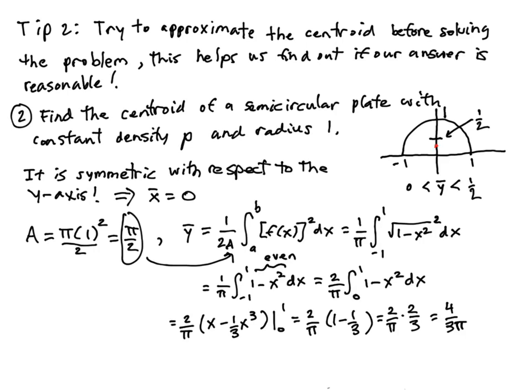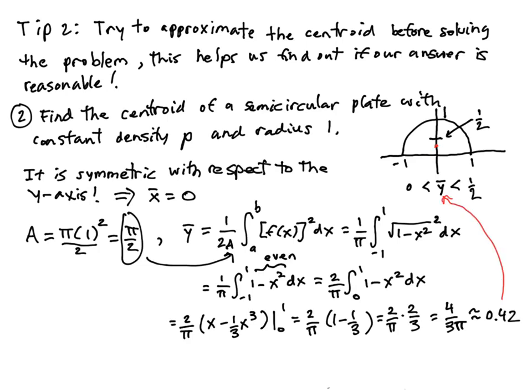Now, what would that be on a calculator? 4 divided by 3 pi is approximately 0.42. So look, this actually matches what we said over here.